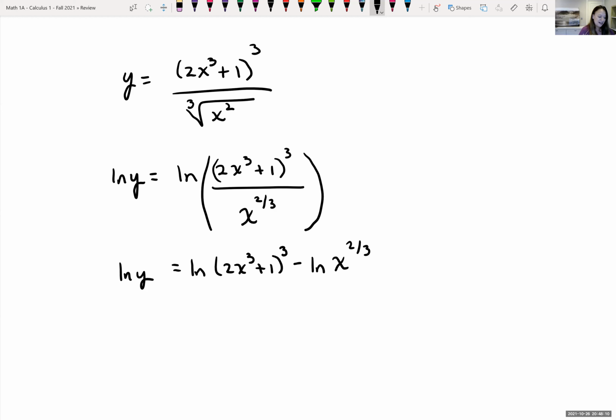So now I'm going to continue to use my rules of exponents. I know our logs, which means that I can bring my exponent down front. So we can rewrite this as the natural log of y is equal to 3 times the natural log of the inside, 2x cubed plus 1, minus, bringing my exponent down, 2/3 natural log of x.